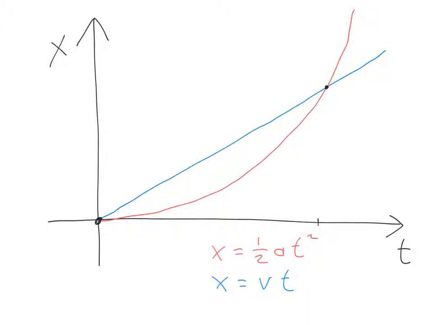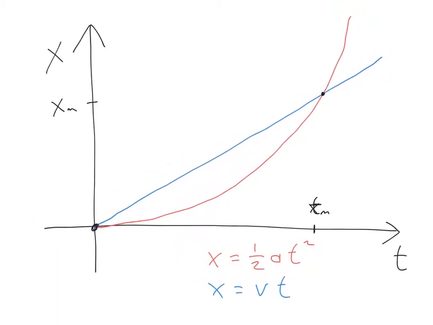Whatever that position is, let's just call it x_m, the position of where they meet. Actually, with this graph, here is position where they meet, and this would represent instead the time that they will meet.